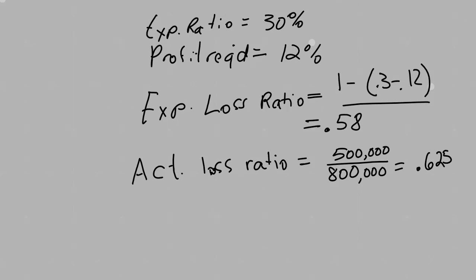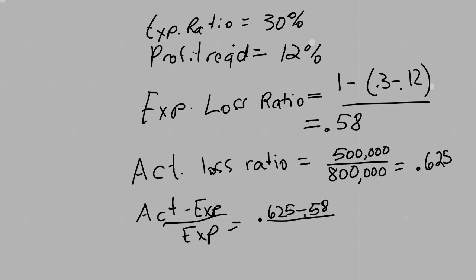So the change should be actual minus expected divided by expected, which equals 0.625 minus 0.58 divided by 0.58.